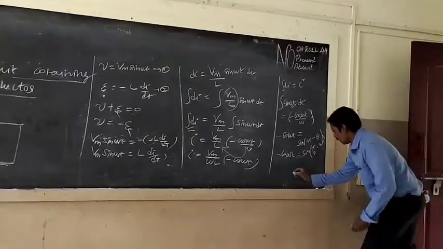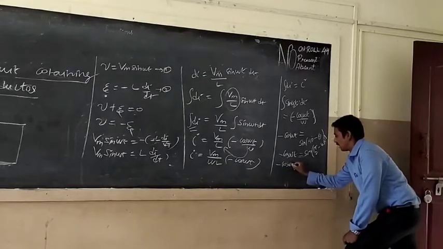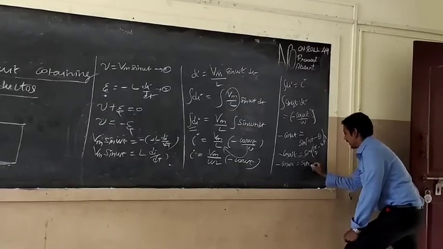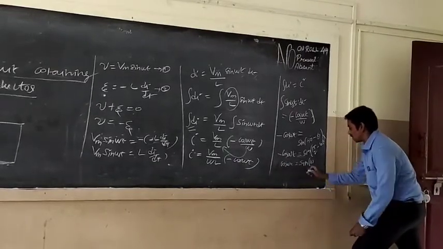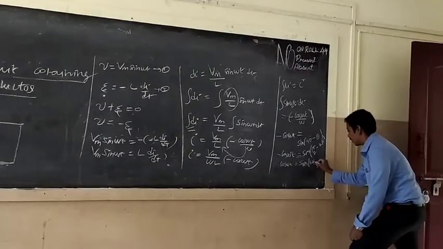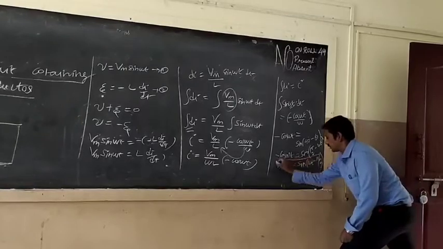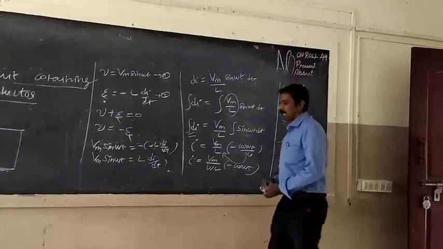Now we write minus cos omega t is equal to sin omega t minus pi by 2. We are going to take this value for an AC circuit containing a pure inductor.